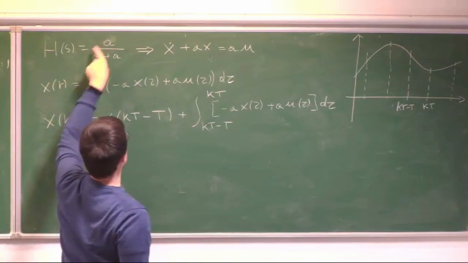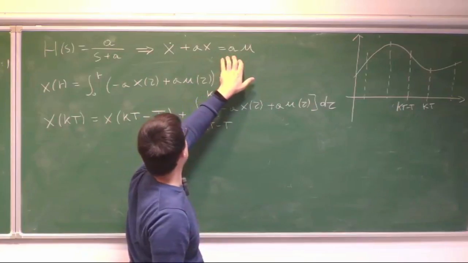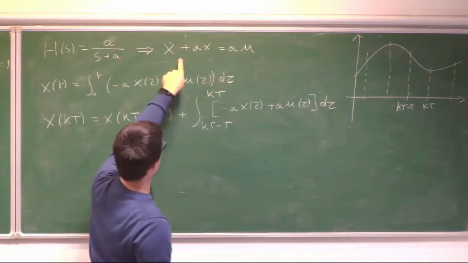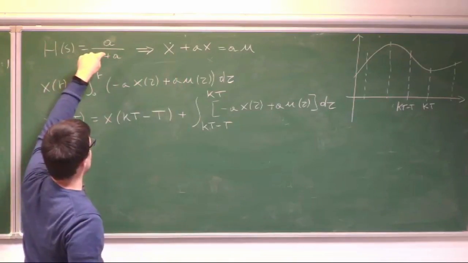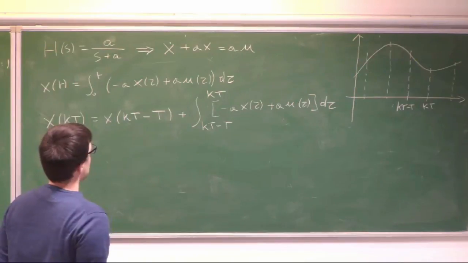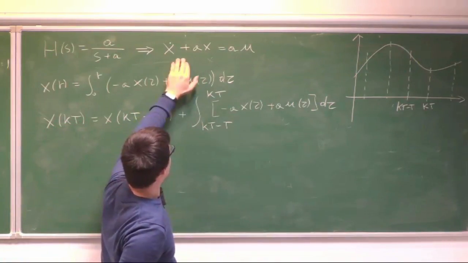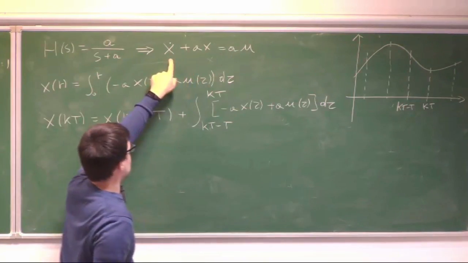So we compute the inverse Laplace transform, and we obtain this differential equation associated to this transfer function. So we have this transfer function, and so we have this differential equation, and we want to compute now x of t, okay?